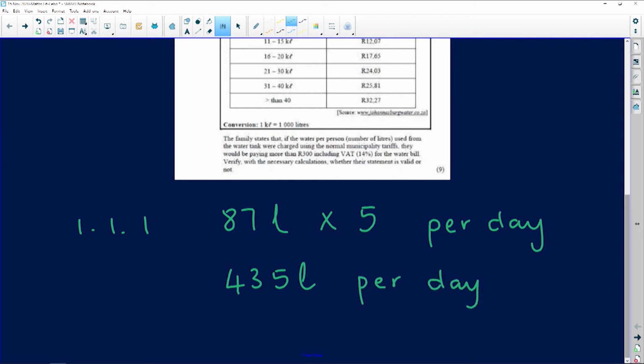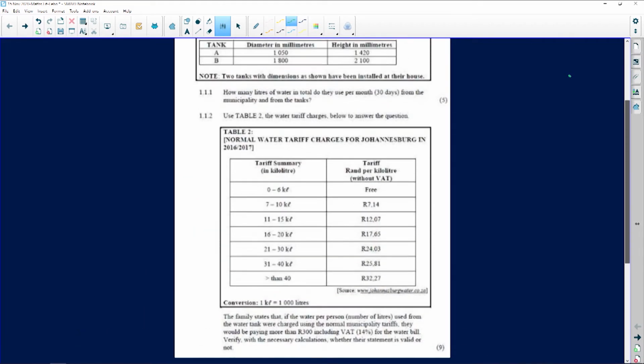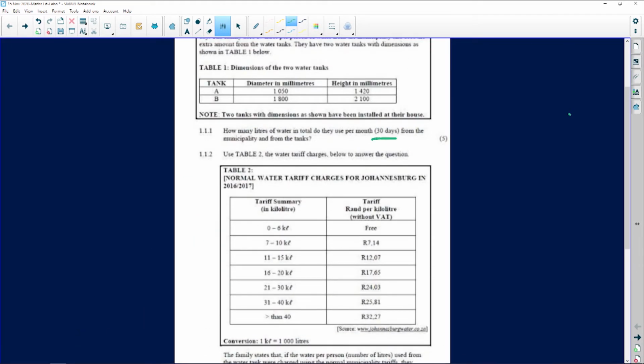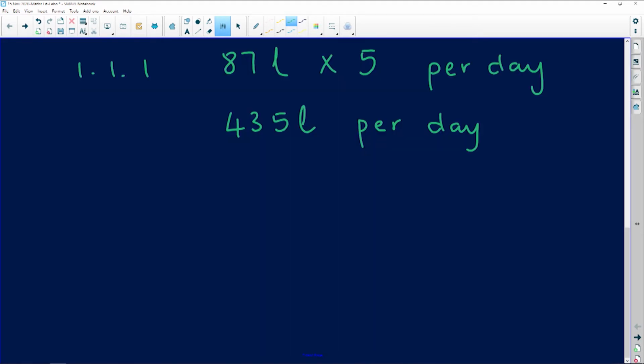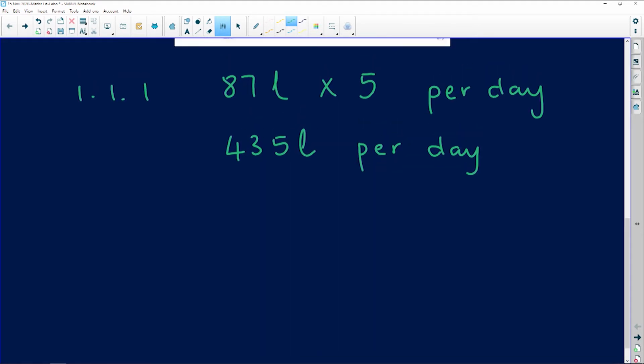And then it says to us that we need to look at how much they're going to spend per month in terms of 30 days. So they've given us how many days that month is going to be. Therefore, 435 times 30 days.